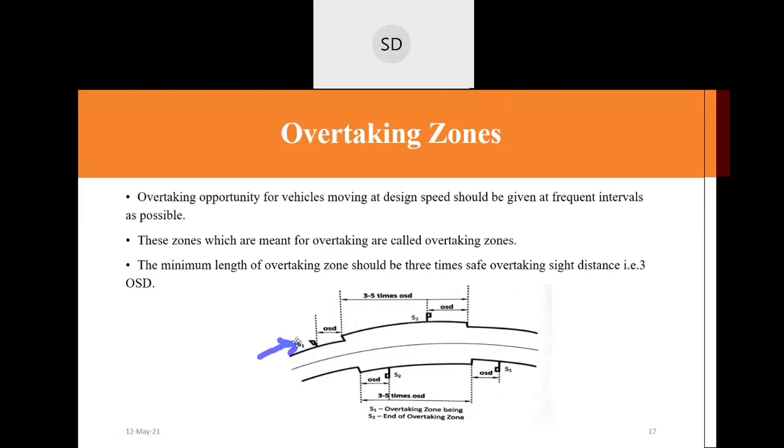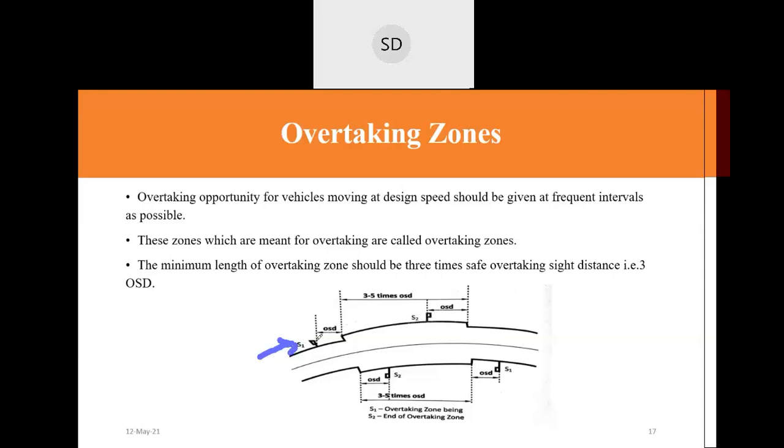In that case, your first signpost would be at a distance of the overtaking side distance from that overtaking zone. Suppose your overtaking side distance is 100 meter. Your first signpost would be at a distance of 100 meter from the entry point of that overtaking zone.